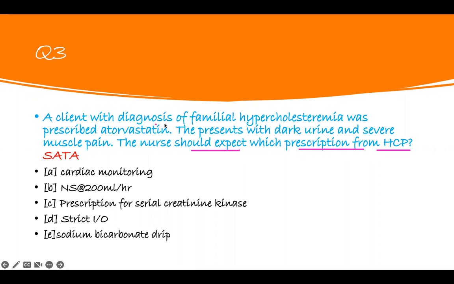A client with a diagnosis of the same question, hypercholesterolemia, was prescribed the same medication, atorvastatin. The patient presents with dark urine and severe muscle pain. So I'll write my keywords. Is on a statin, dark urine, muscle pain.